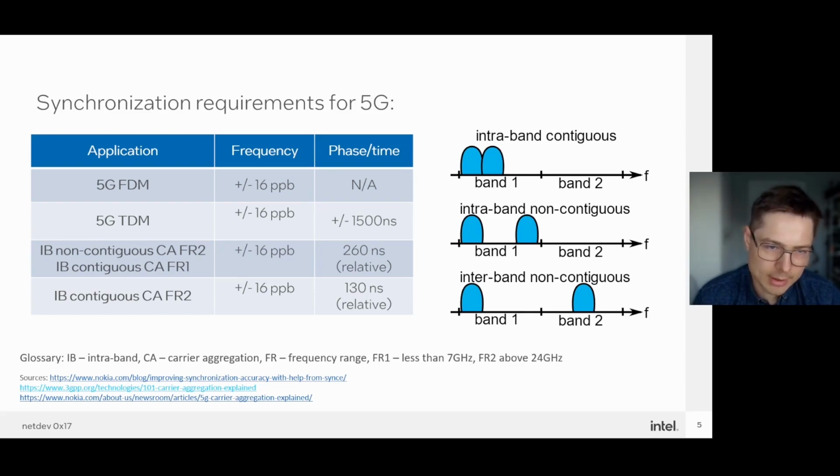In all other cases, where the carriers are parts of separate bands, we call it inter-band. The difference is presented in the image to the right. In such scenarios, the requirement is even more strict and can be as low as a relative 130 nanoseconds. Those numbers are actually quite important, so please keep them in mind because we'll be returning to them in a second.